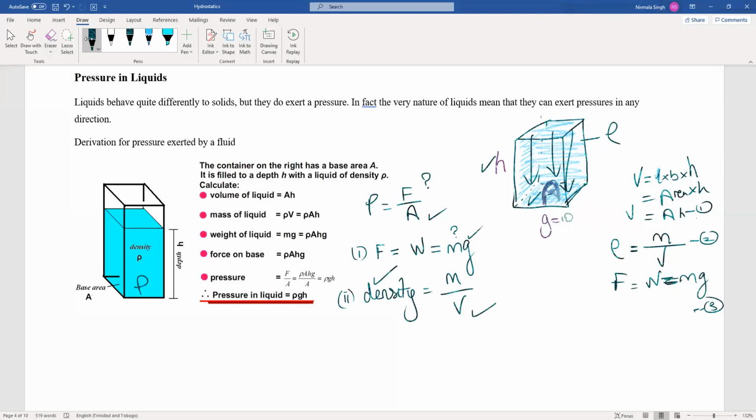So rho is equal to m over V. I know what rho is, I know what V is, I want to find mass. So all we have to do is cross multiply. Mass is going to be your density by your volume, or in this case, your volume is given by your area by your height.